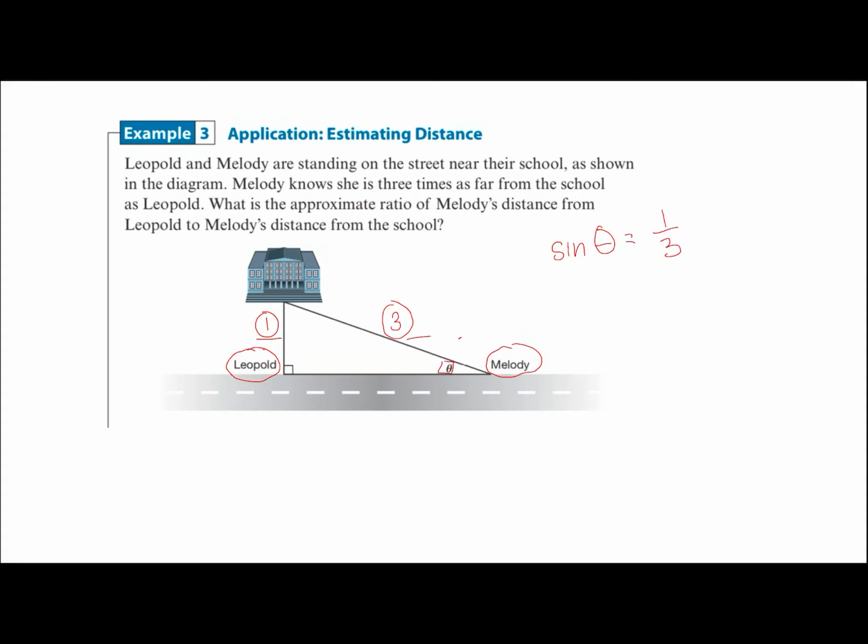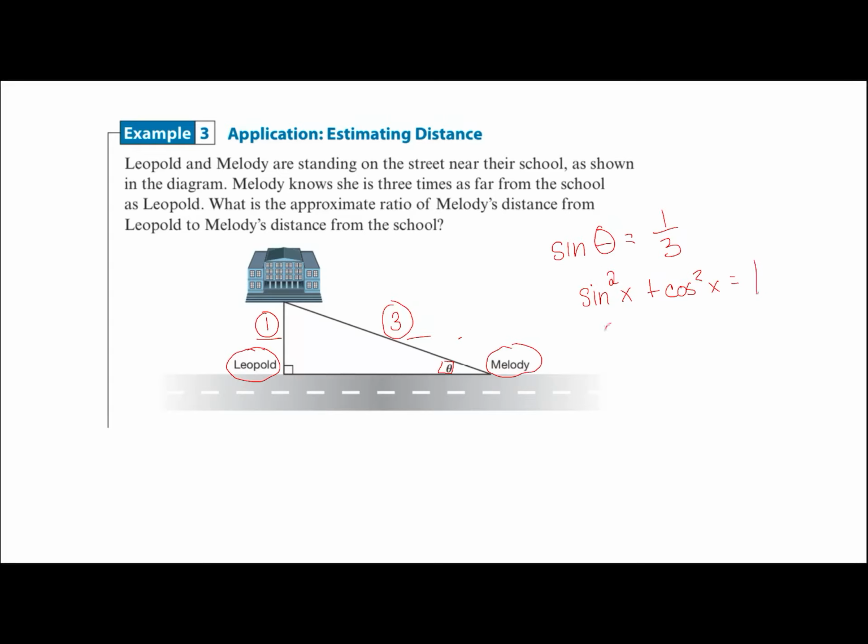All right, but the problem is asking us for the ratio of the adjacent leg to the hypotenuse, and that is going to be a cosine function. So we can use the identity to solve for cosine. Let's use our identity that we have been working with for this entire lesson: sine squared of x plus cosine squared of x is equal to 1.